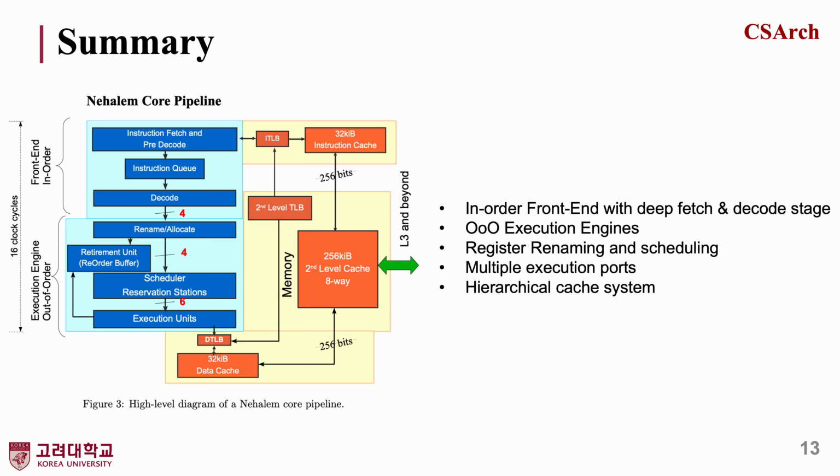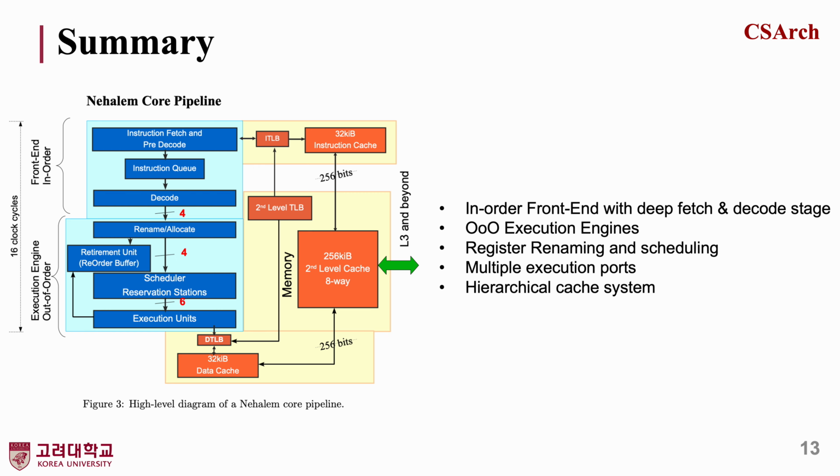And third, Nehalem uses register renaming and advanced scheduling to remove false dependencies and keep the pipeline busy. Fourth, there are multiple execution ports, which means different types of operations can be processed simultaneously.